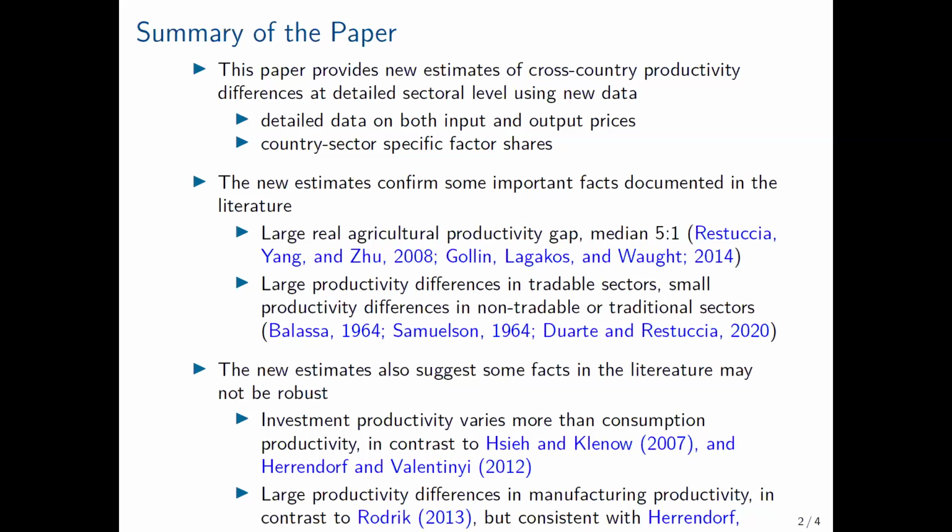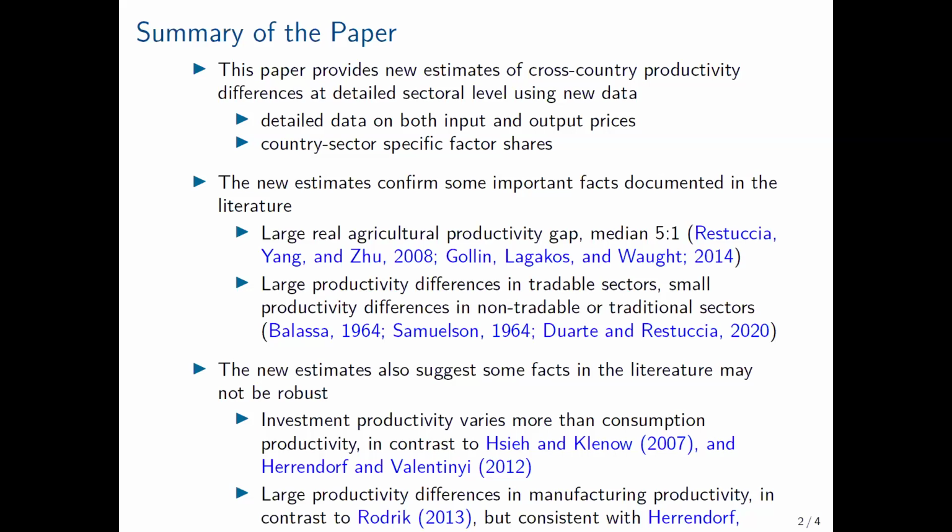For example, the large agricultural productivity gap. They measure it in real terms, using PPP prices, so you can show in the graph that agriculture stands out. The agricultural value-added productivity relative to the aggregate value-added productivity, the median is 0.252.